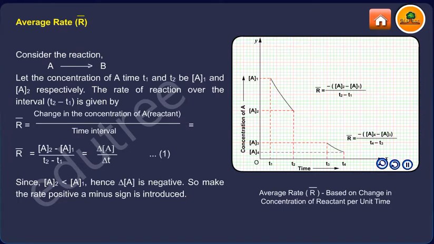Consider the reaction A gives B. Let the concentration of A at time T1 and T2 be A1 and A2 respectively.